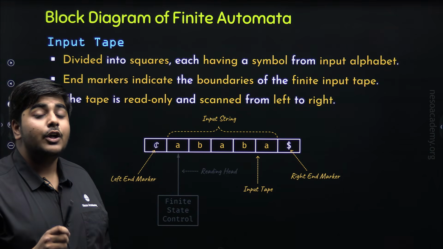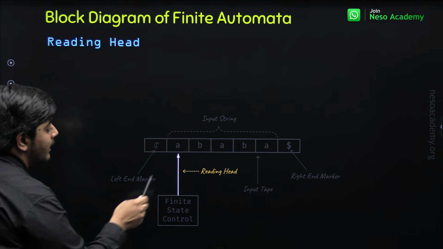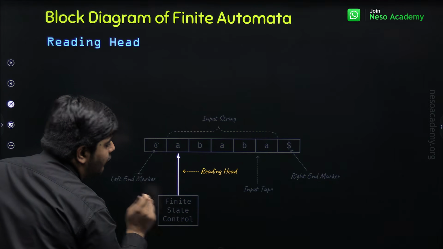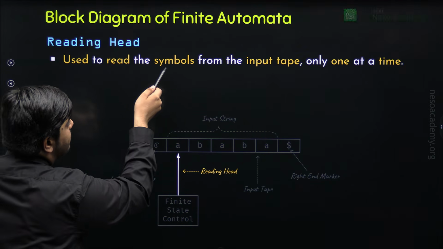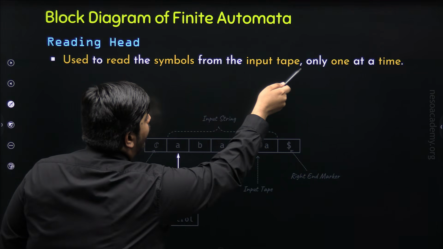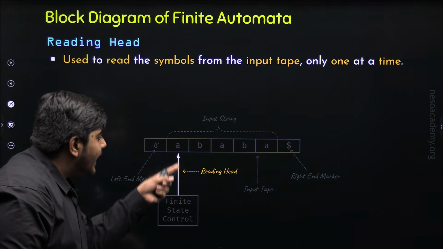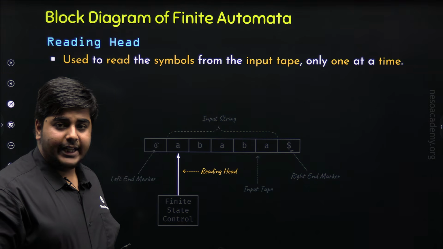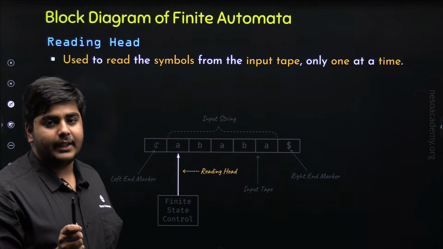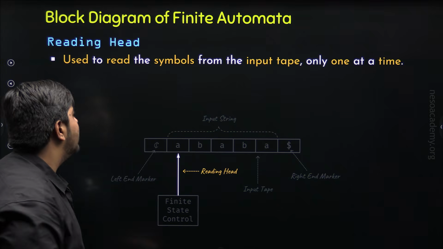Now let's proceed to our next component, that is the reading head. This is the reading head of finite automata, which is used to read the symbols from the input tape only one at a time. It means that this reading head is used to read the symbols from the input tape only one at a time in order to process the entire input string.